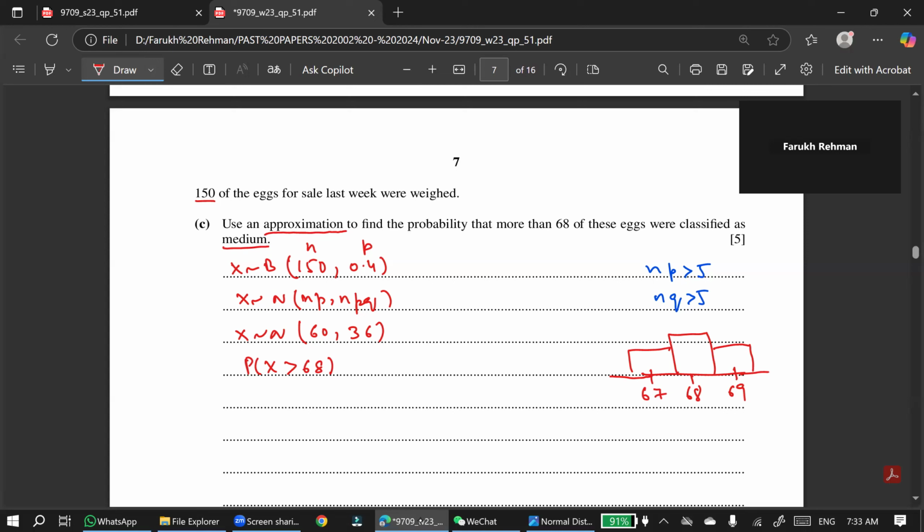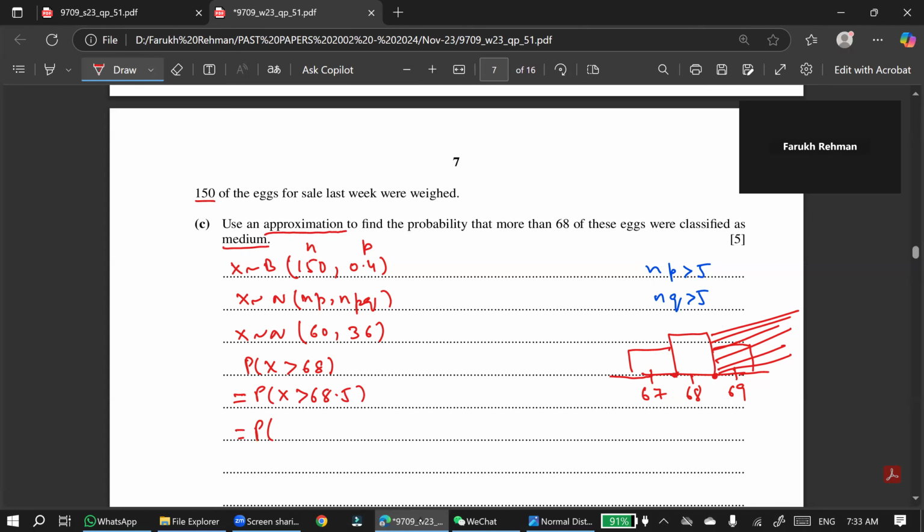X is greater than 68. These are the rectangles. So I will write down 67.5 or 68.5. 68.5.